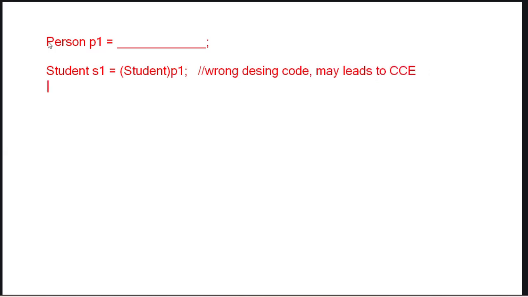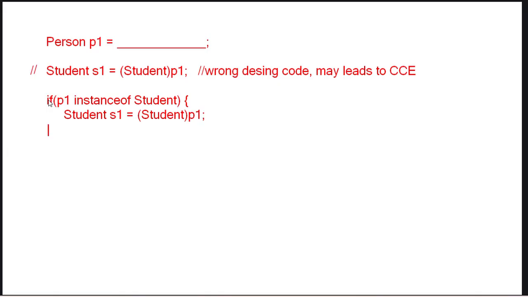Because the object coming from p1 may be a faculty, or admin, or even a person. Then what is the right solution? If the object coming from p1 is an instance of Student, then go for typecasting: Student s1 = (Student) p1. If I write like this, this is the correct design.